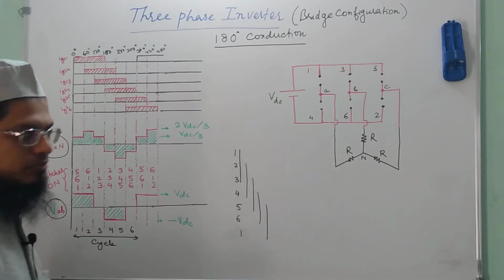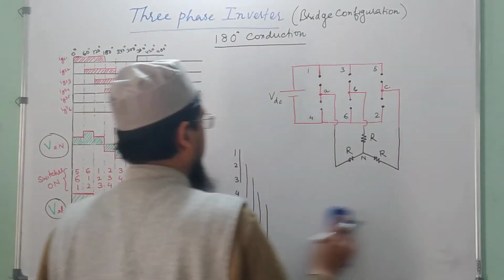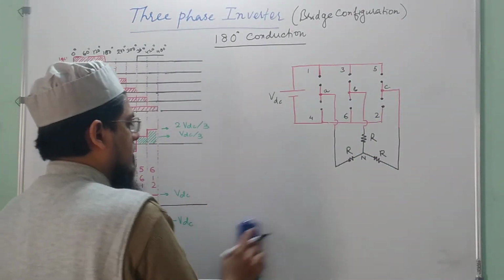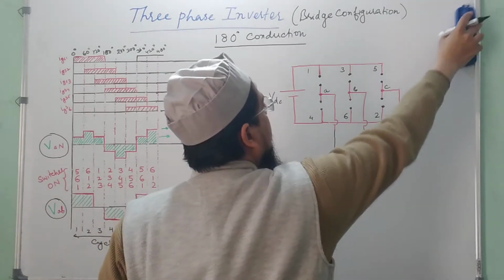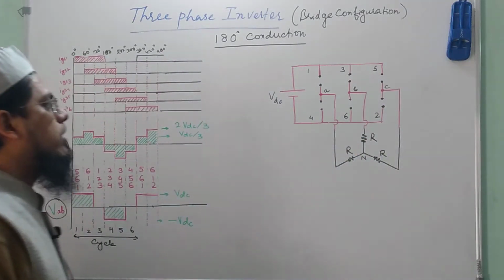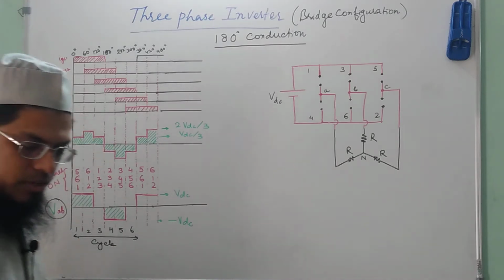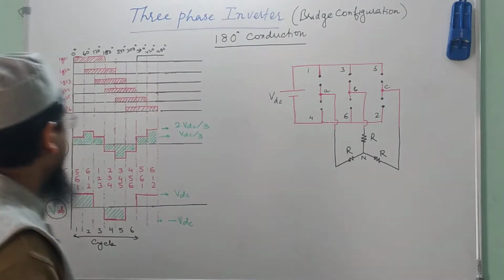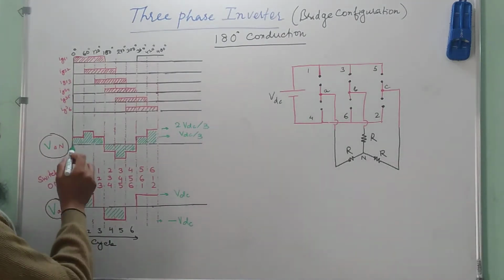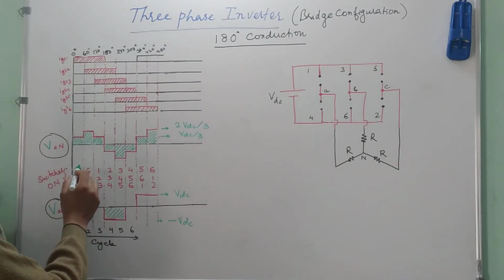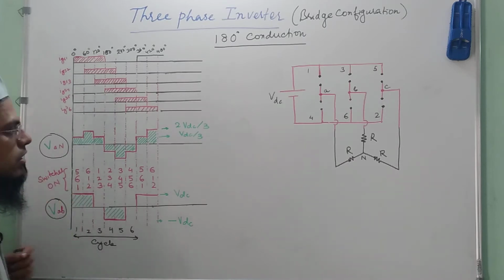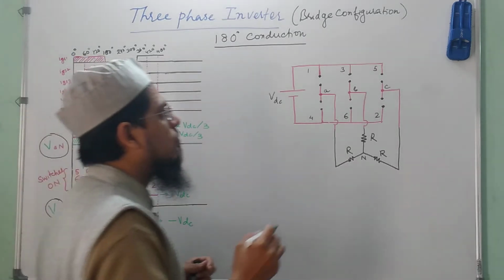Fine. Now let us actually look into how we obtain this waveform. So let us start with the first step. In step 1, switches 5, 6 and 1 are conducting.